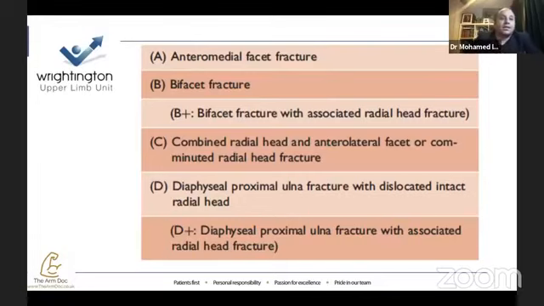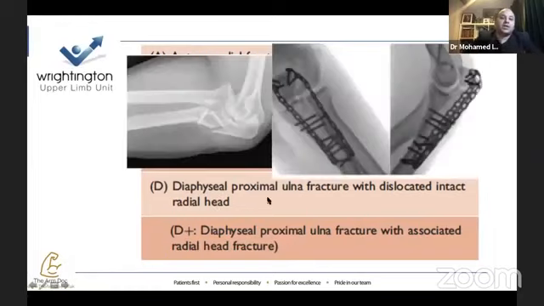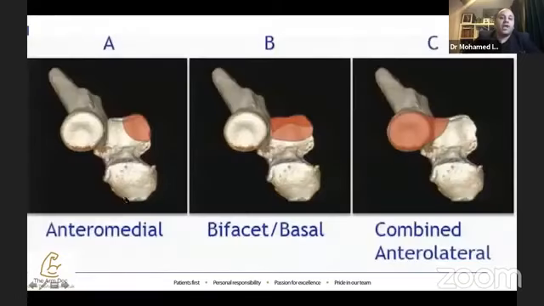It basically looks at stability from a different perspective. Type D is actually the Monteggia type, which we can exclude. Now we have three main types: type A, which is the anteromedial facet; type B, the bifacet; and type C, which is what we call the terrible triad.